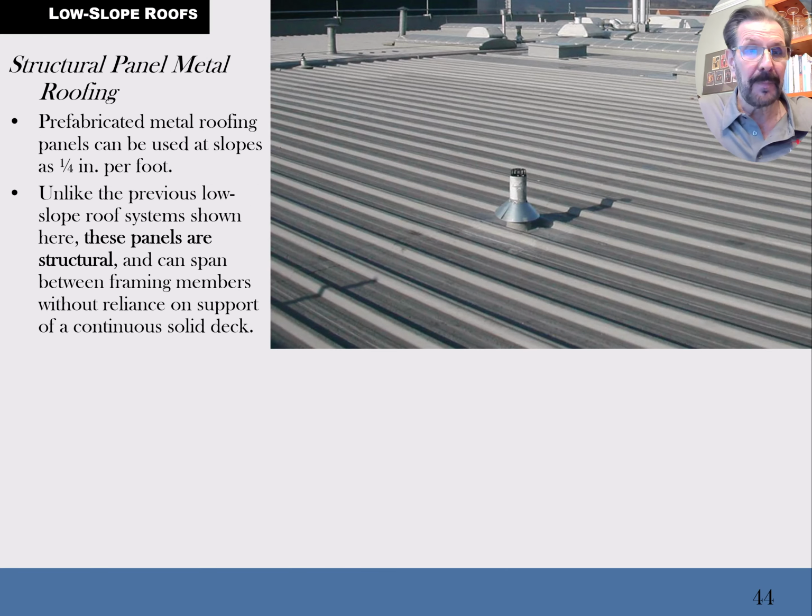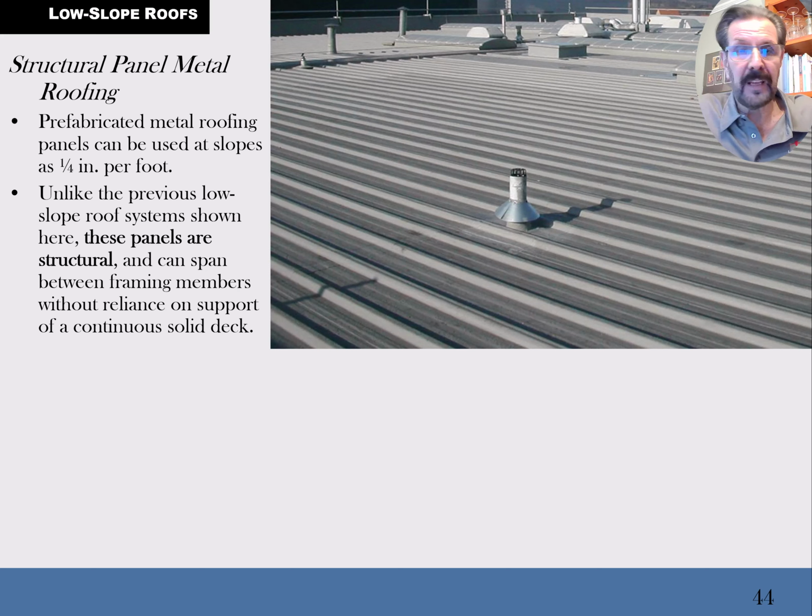Okay. And then the structural panel metal roofing, well, sheet metal roofing, basically, is a material that crosses boundaries. It's really the only material I've ever been able to think about that works this way, where you can use the sheet metal for a low slope roof, and it's also a roofing material that can be used for a steep roof.